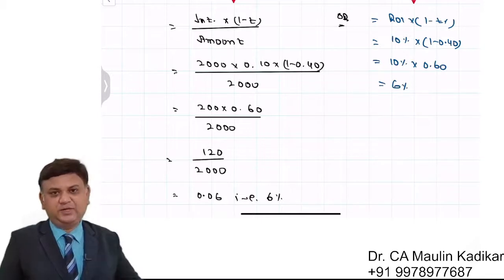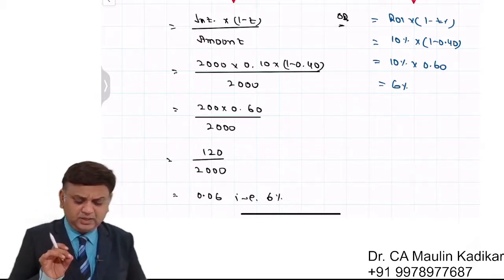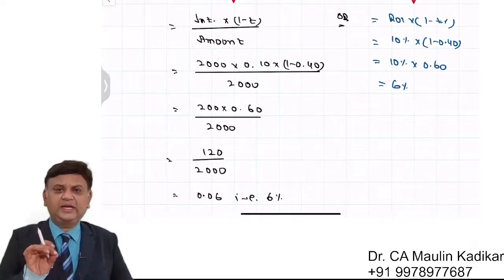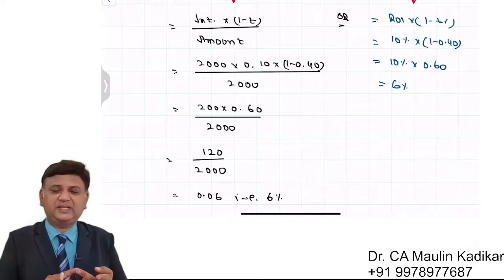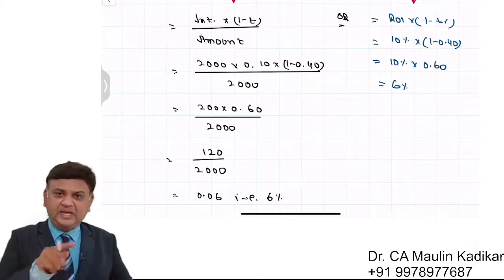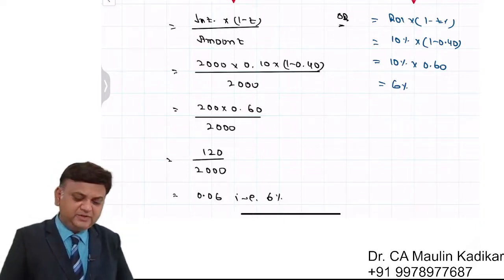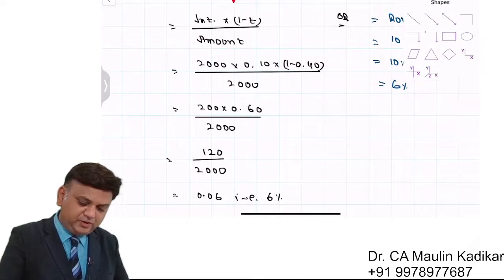See, understand carefully. What I want to tell you is that there is no premium at the time of issue, no discount at the time of issue, there is no flotation cost. In that case, we can go directly with this formula. So these conditions are required to be fulfilled.